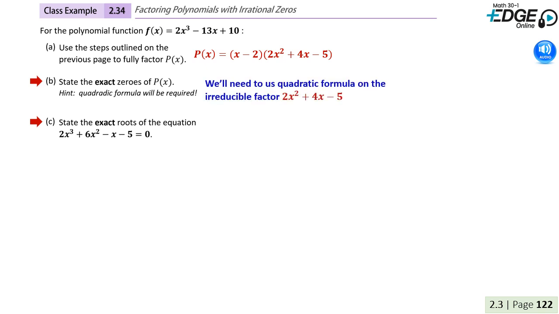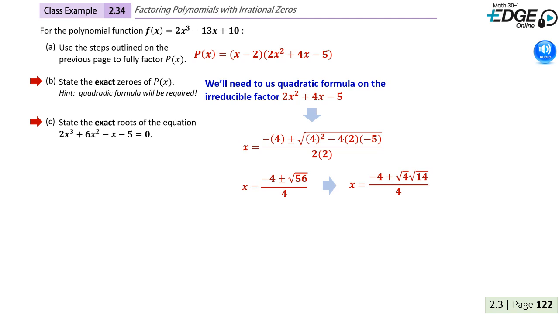We know that the 0 from the factor x minus 2 will simply be 2. But do any zeros come out of the quadratic factor? Well, we'll need to use our quadratic formula here. Using a, b, and c as 2, 4, and negative 5, we sub this into the quadratic formula and reduce it.